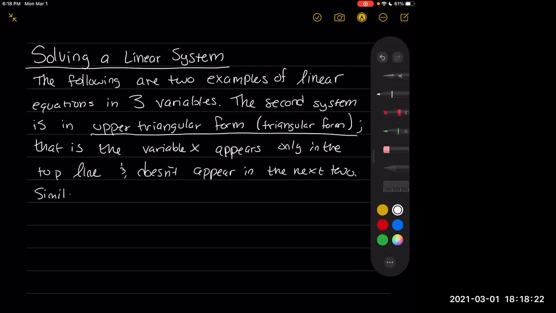Similarly, y appears in only the first two equations and not in the last.